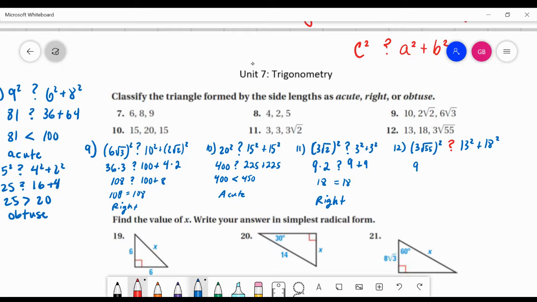Square root of 55 squared is 55. 13 squared is 169. 18 squared is 324. So this side is 493. And then 9 times 55 is 495. So it's slightly bigger than 493. So this is going to be an obtuse triangle.